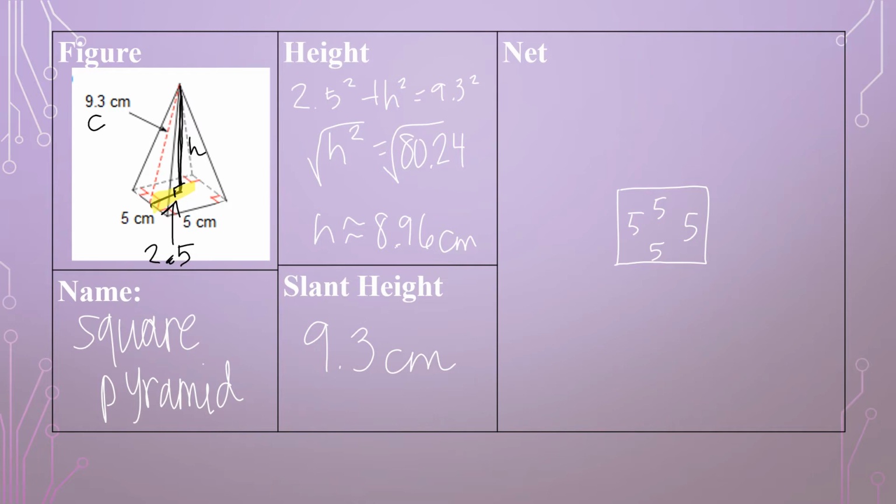And then you can make your little triangles go out because they all come together in one single point at the top up there. And the slant height of this is 9.3. So all of these have a slant height of 9.3 when we unfold this.